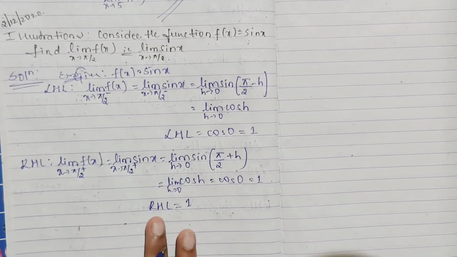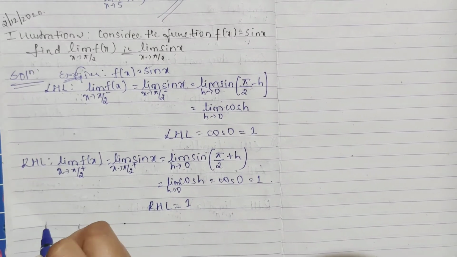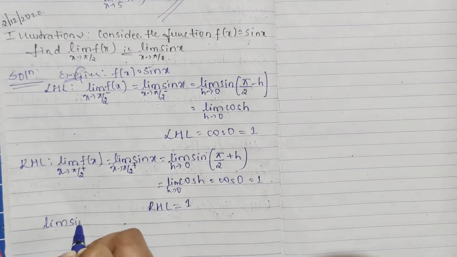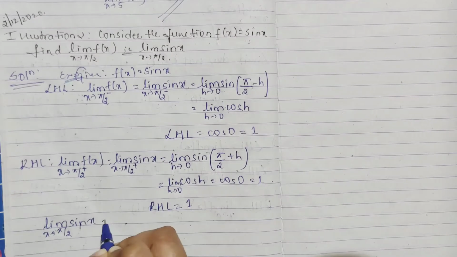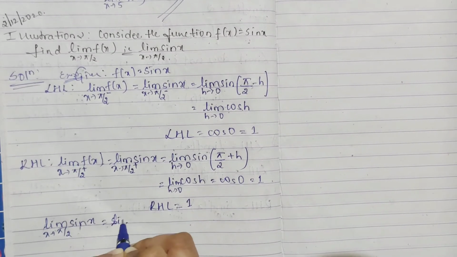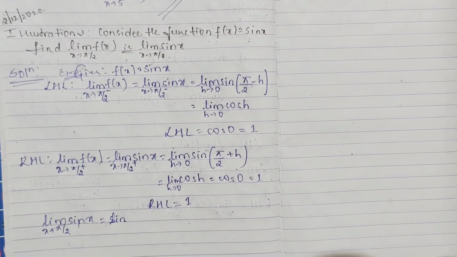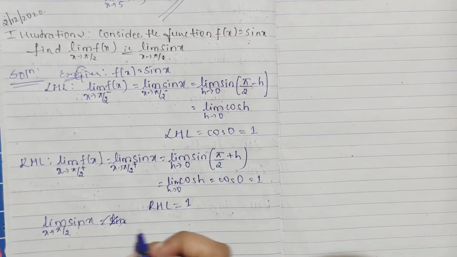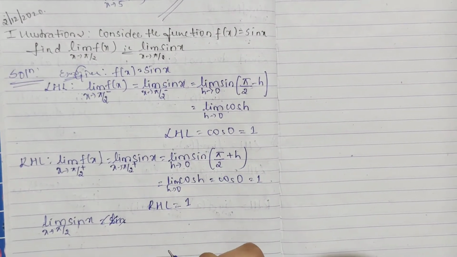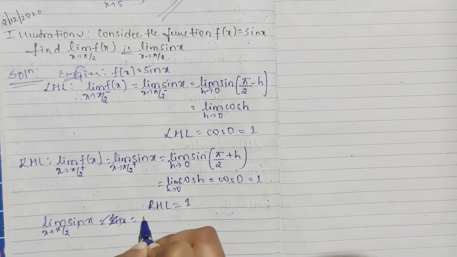Again, for the common point we'll check, that is limit sin x as x tends to pi by 2 directly. I didn't write f of x, it's okay, directly I'll write. LHL you did, RHL you did, common point also you have to check, right? So sin pi by 2 is nothing but 1.